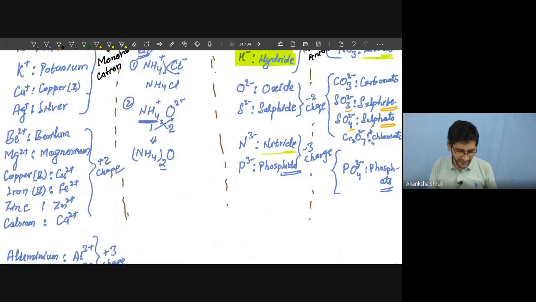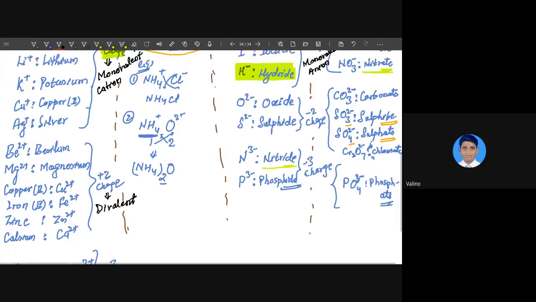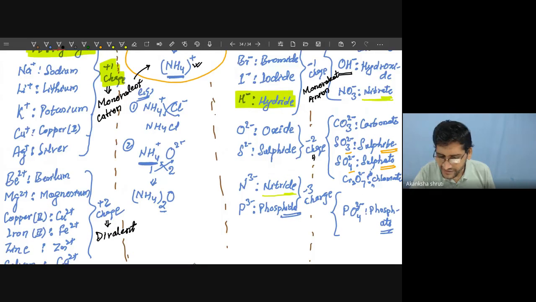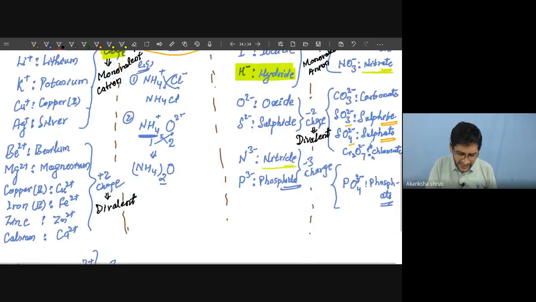Now, student, coming to the +2 charge or -2 charge. So +2 or -2, this number 2 as valency is called divalent. So +2 means it will be divalent cation.